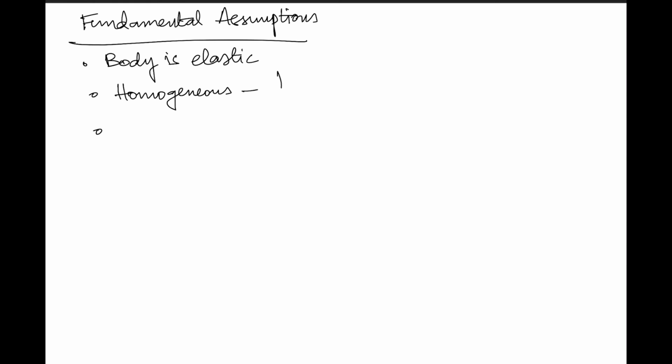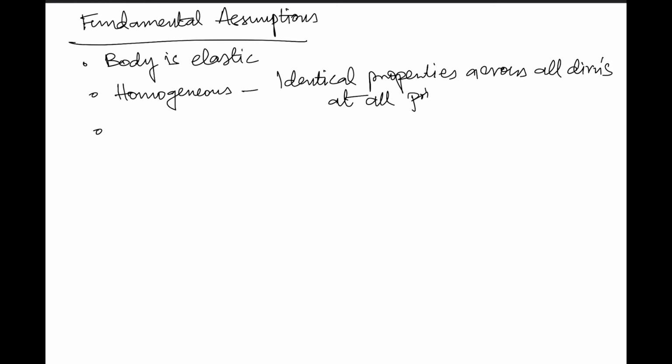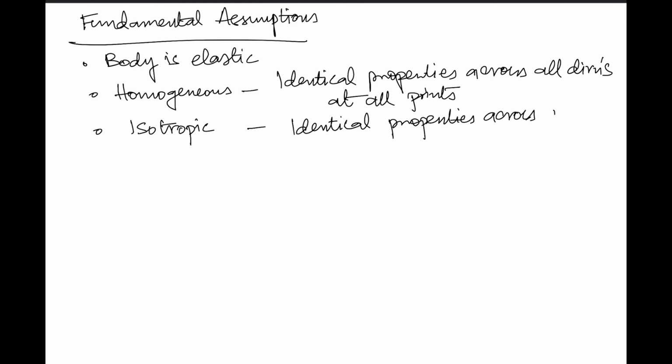Homogeneous is nothing but identical properties displayed across all directions at all points. We even have to assume that the body is isotropic. This is identical properties across all directions at a point.